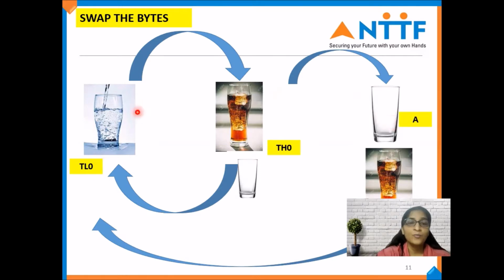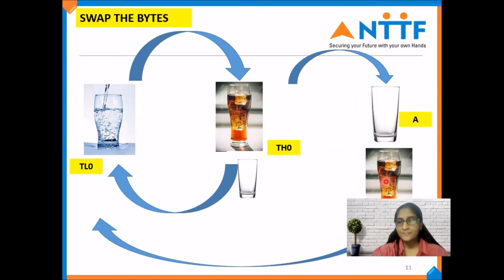Now this glass of water has to be transferred here, and this cold drink has to go back here. For that, we use this empty glass and transfer this cold drink from here to here. You can do this with water also. Anything we do will be okay. So we are just transferring this cold drink here.